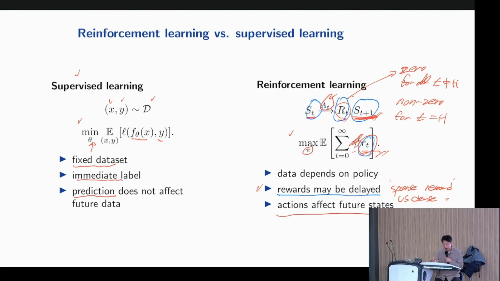So RL is much more challenging than supervised learning. And I would say supervised learning is a solved problem now. You take, I don't know, a 100 billion parameter model, a really large model, and here's the ingredient that people discovered.